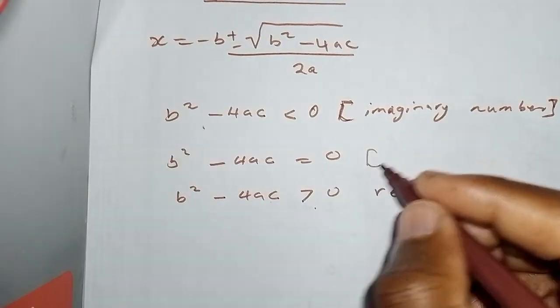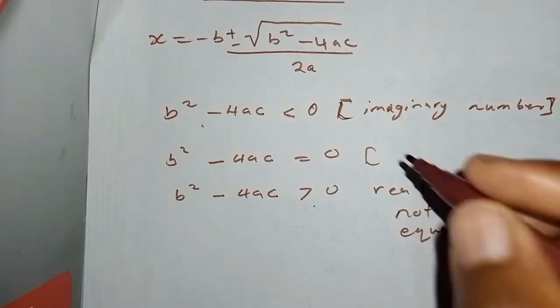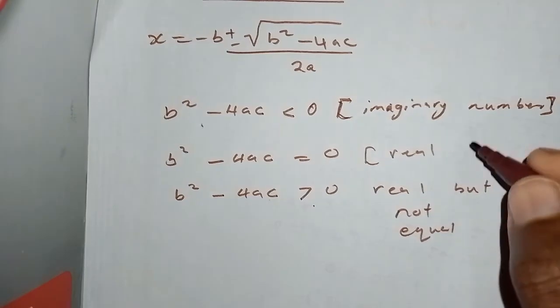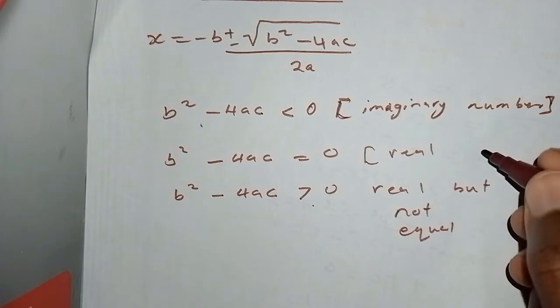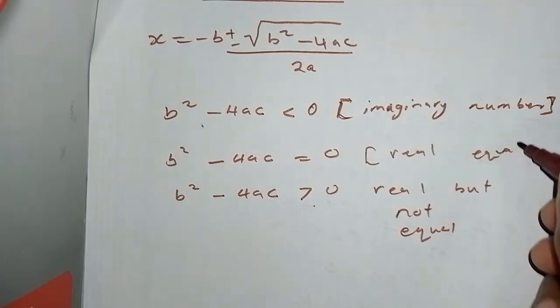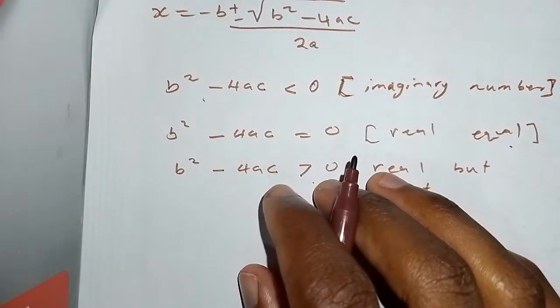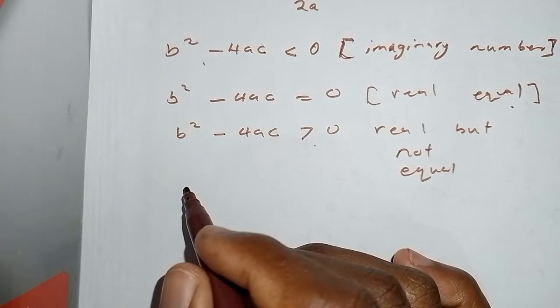And in this case, that's where you have real roots, or a perfect square. This is where you find your perfect square, and the roots are also equal. You need to know that there are two cases.